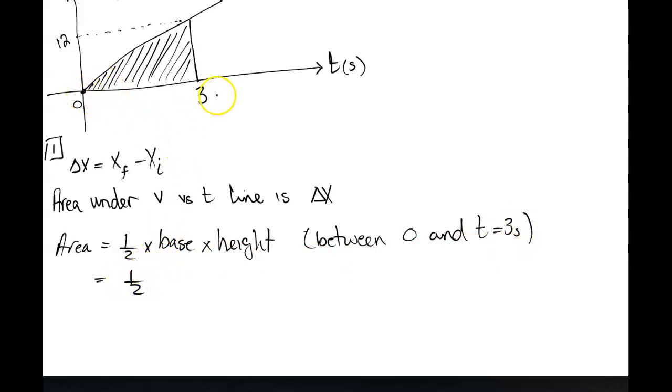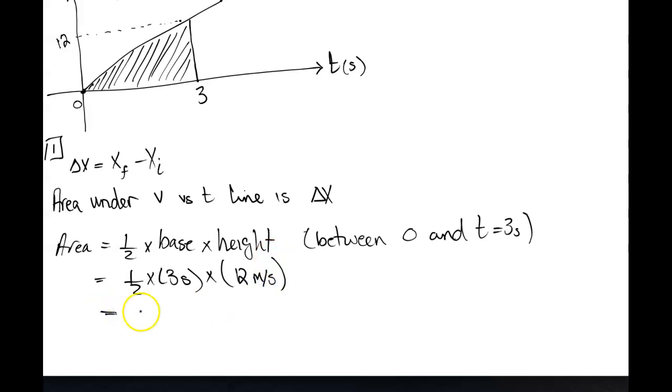So 1/2 is 1/2. The base is between 0 and 3, and it has units of seconds. And then the height has a magnitude of 12 meters per second.